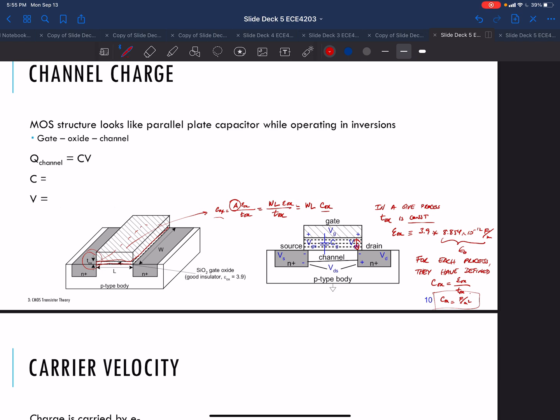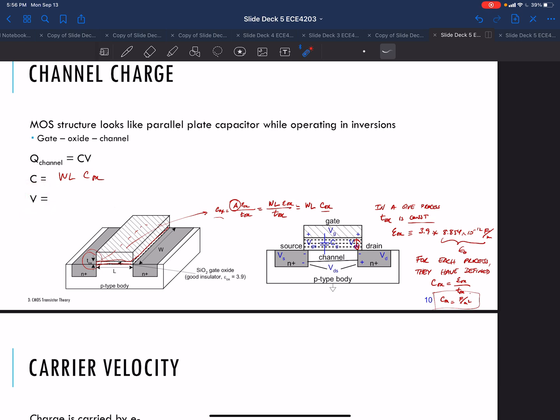So it'll be W times L times C ox. Now, that's the capacitance. The second thing we need to know is the voltage.